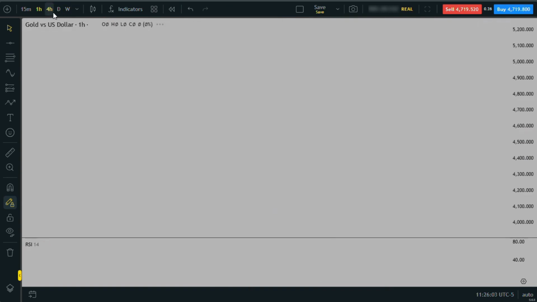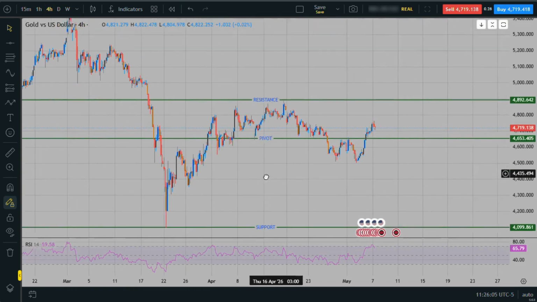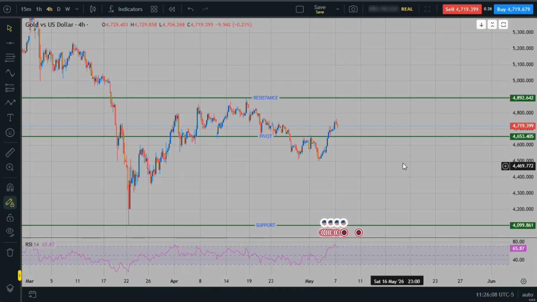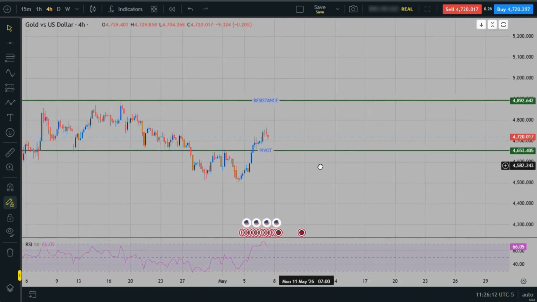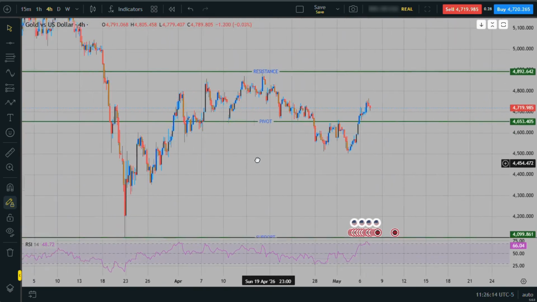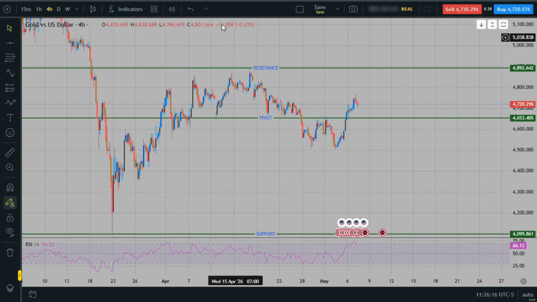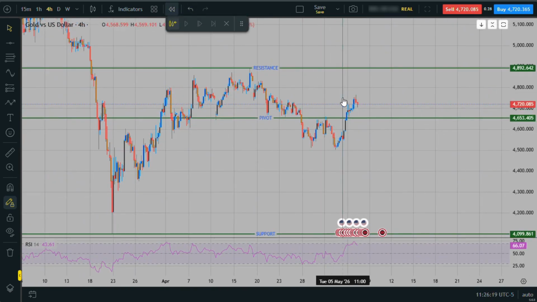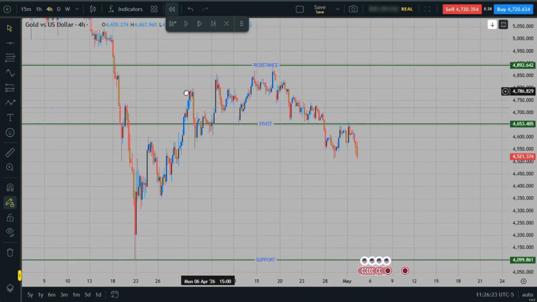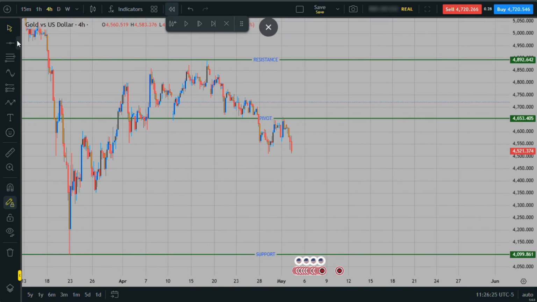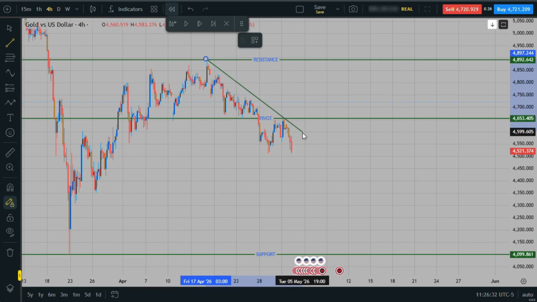So let's use the 4-hour time frame to draw the trend line. Taking the trend line, I drew my trend line. Yes, very neat and nice.